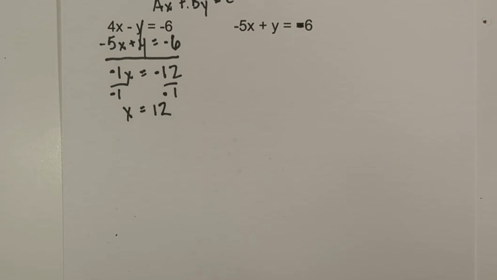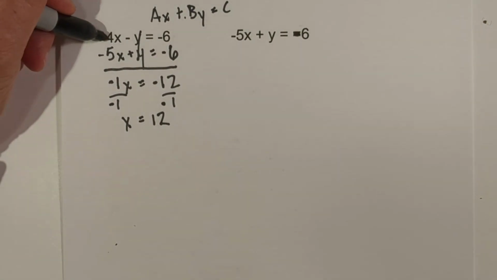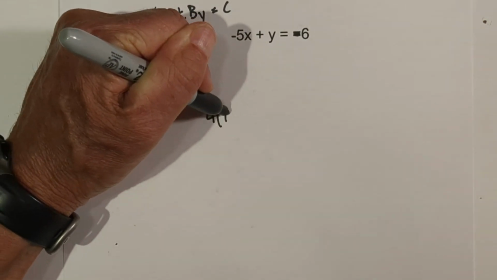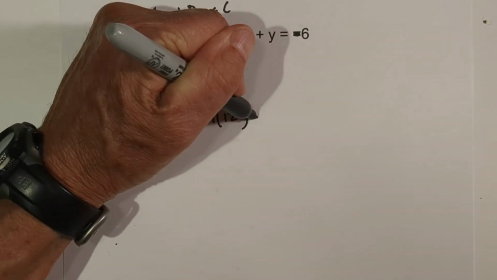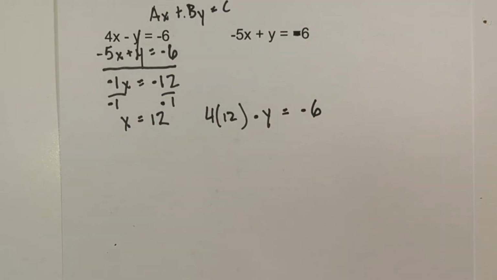Now, in order to get y, I'm just going to plug it into the first equation, 4x minus y equals negative 6. So we have 4 times 12 minus y equals negative 6.